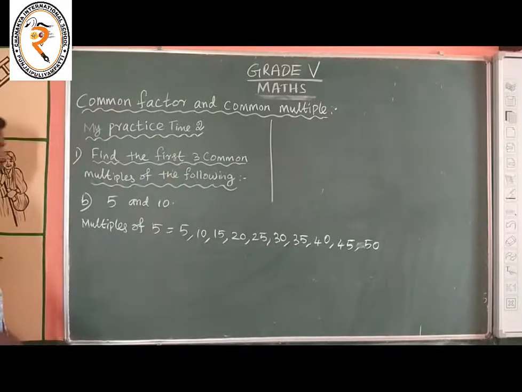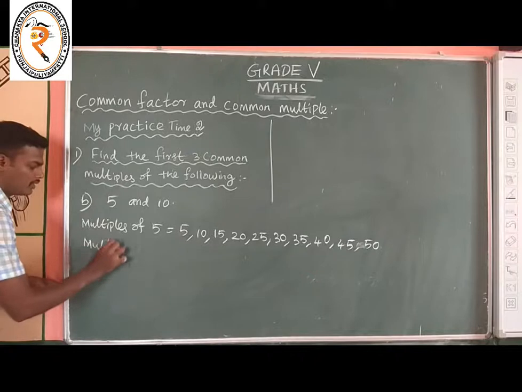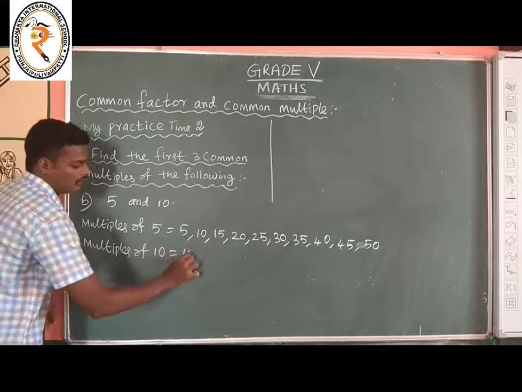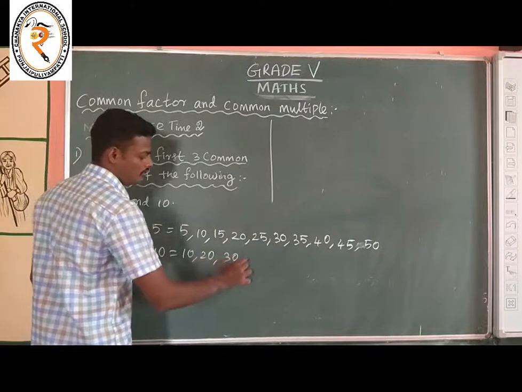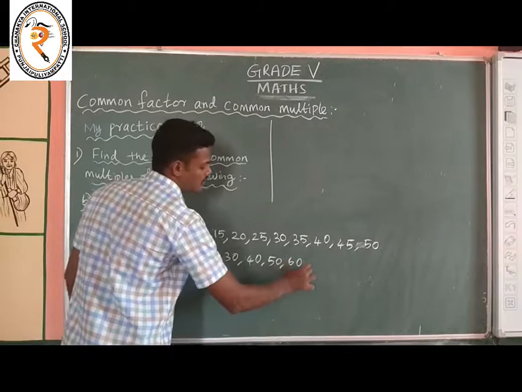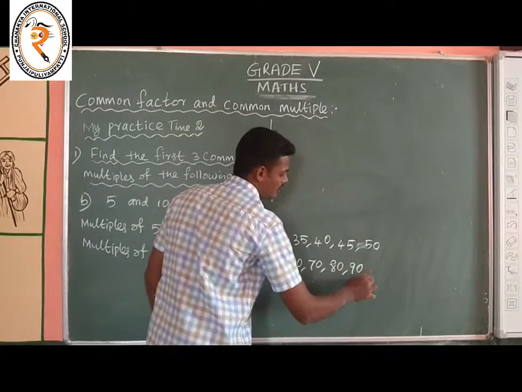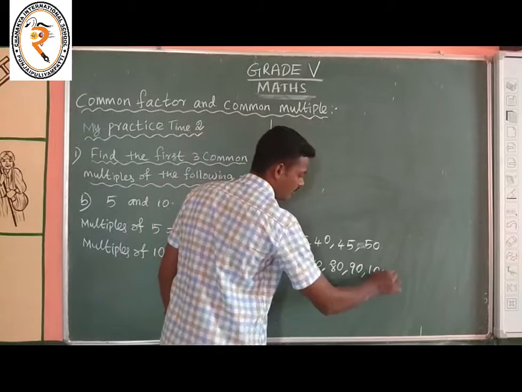So up to 10. Multiples of 10: 1 tens are 10, 2 tens are 20, 30, 40, 50, 60, 70, 80, 90 and 100.